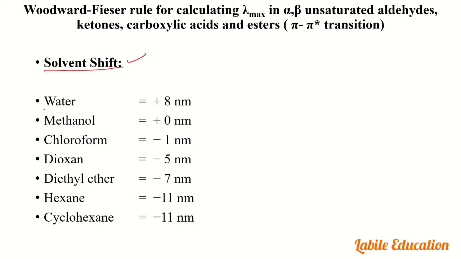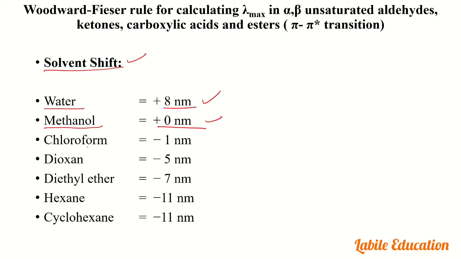Solvent shift: those values were in ethanol. So if we are taking water, in the polar solvent, this will contribute plus 8 nanometer. And if it is methanol, the value will be the same as in ethanol, so there will be no contribution.